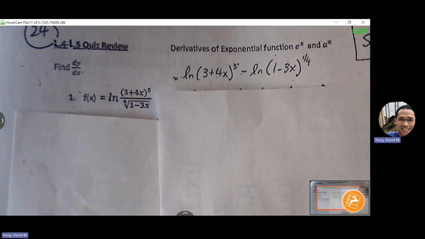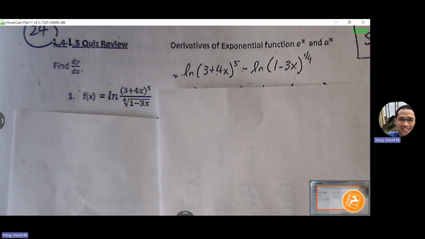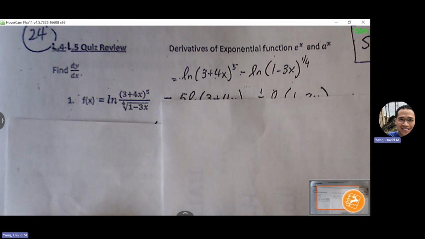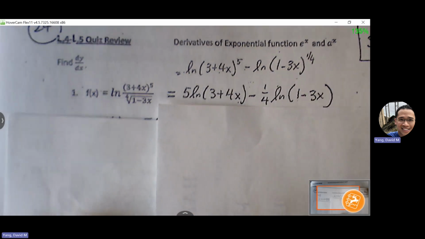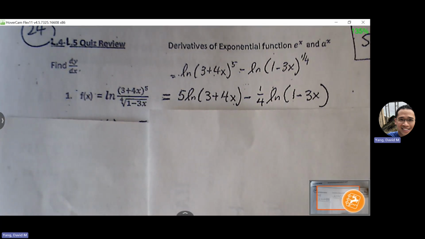Okay, so natural log of A minus natural log of B. And I also rewrote the radical as a rational exponent, but we can keep making this simpler for our derivative process, right? What else can we do? Yeah, move the exponents in front, right? So anytime we see a log or natural log problem, we always want to see if we can make life easier on us so that we're not having to deal with a really messy derivative.